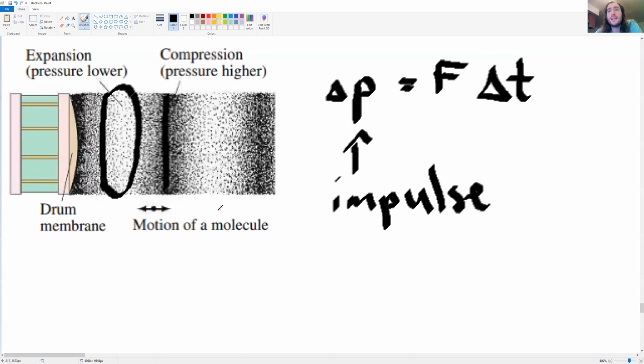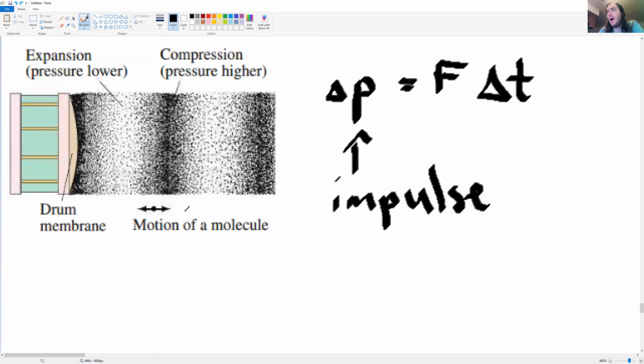So in this region, the gas expands a little bit and the pressure is lower. So we have a region where the pressure is high and a region where the pressure is low. And you can see in between there's a little bit of a gray area, right? It's not black and white, there's a gray region.